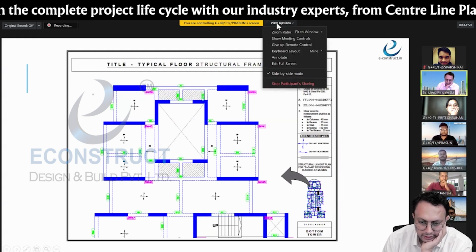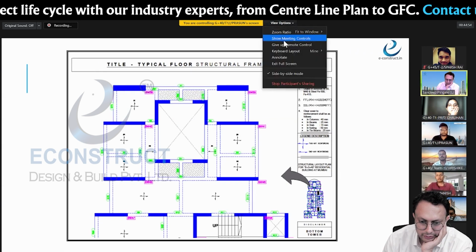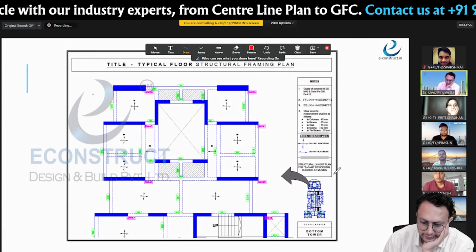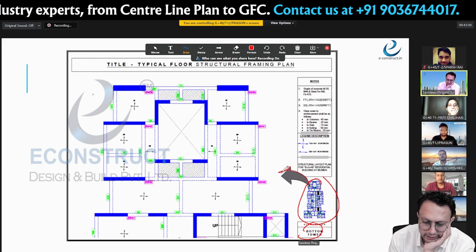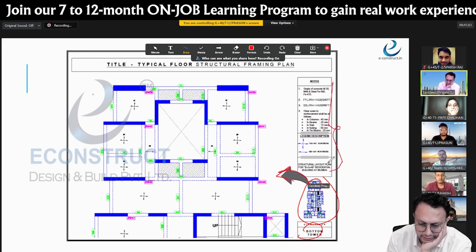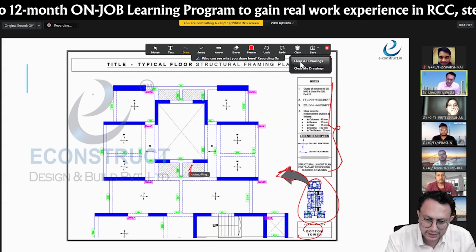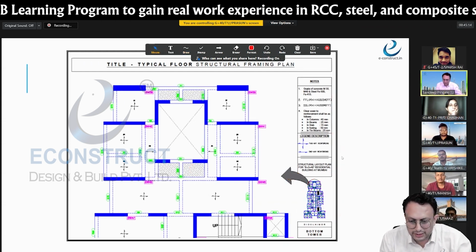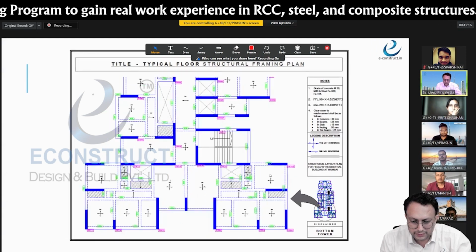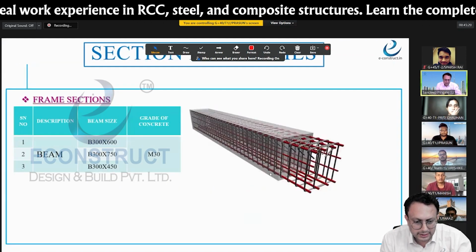See, for other guys, please understand how meticulously this has been done. This is the diagram of whatever tower number they are calling, and this is how it is given. So certain general notes are also given here. The only thing is this one way mark is missing, that they will add later on. But overall, very good, guys. Good improvement. Yeah, next slide. I think it is gone now.